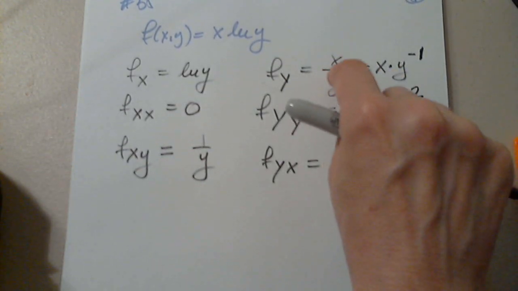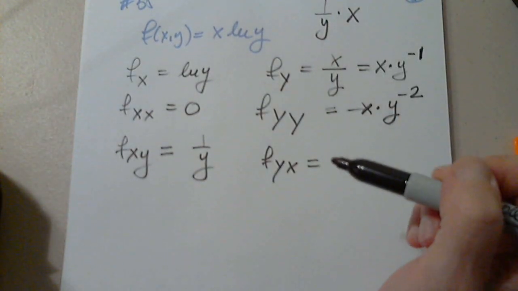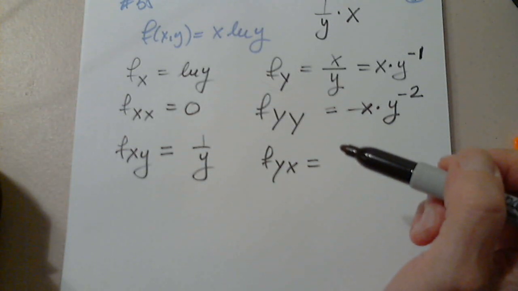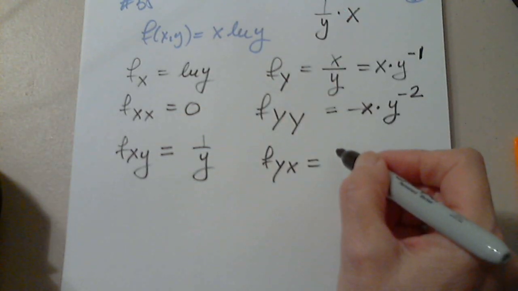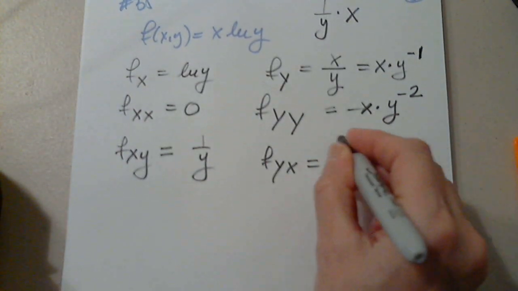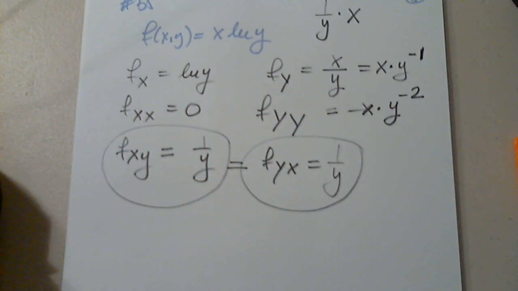Remember, we need to see this in this form. If we don't see it in this form, we may have difficulties in finding the answer. I need to differentiate this with respect to x only. Just 1 over y. That's it. They have to equal each other. If they don't, we are in trouble. Very good. I lost my page again. No, I found it.